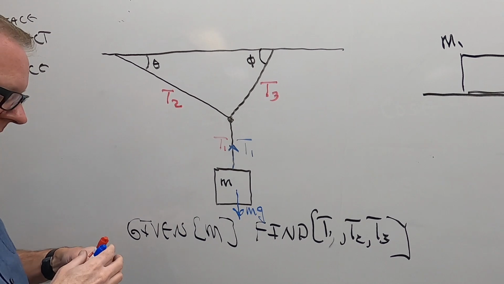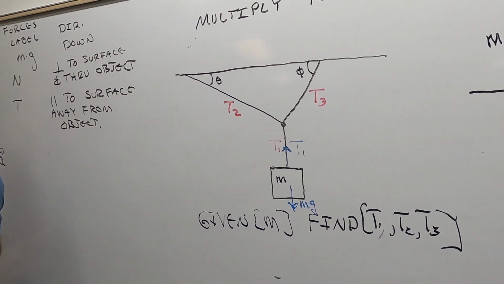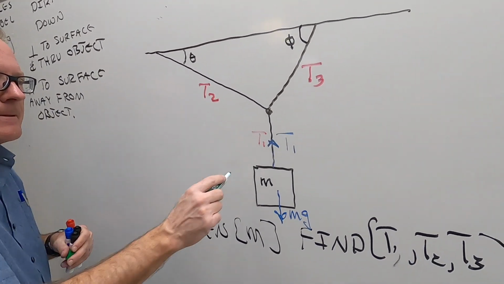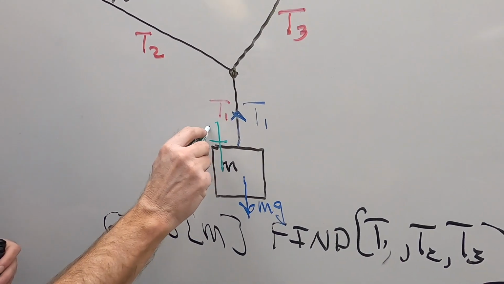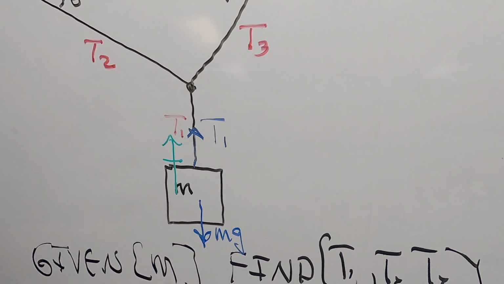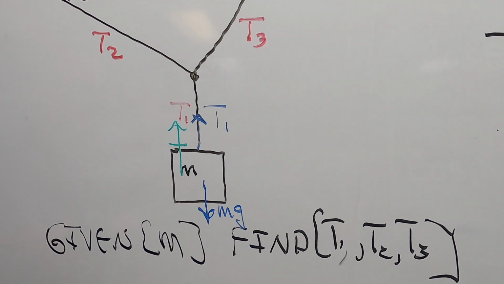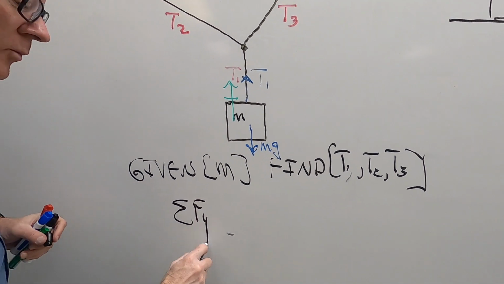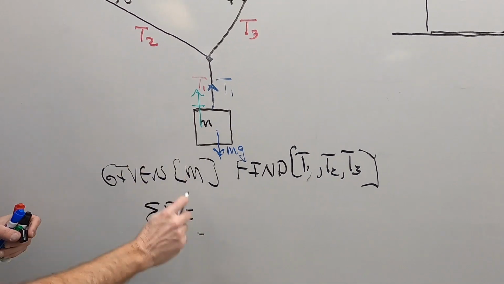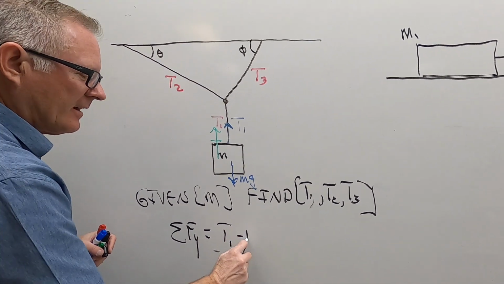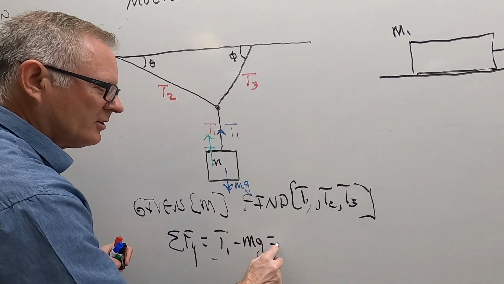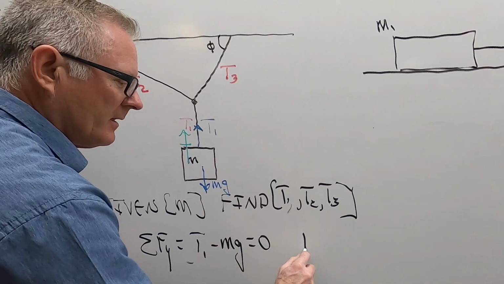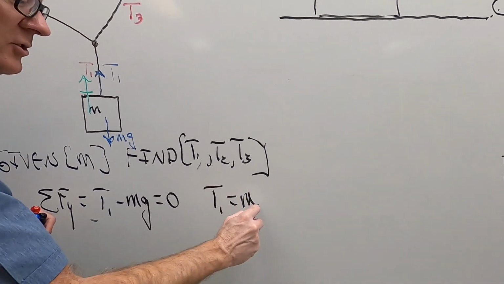So if we put a coordinate system on here, it doesn't matter, I'll call up positive. Using Newton's second law, the sum of the forces in the y direction: upward we have T1, minus the downward, which is mg, and that should equal 0. So T1 is equal to mg.